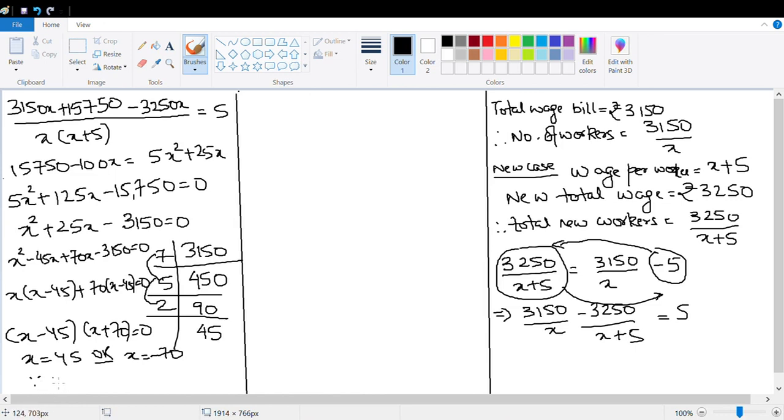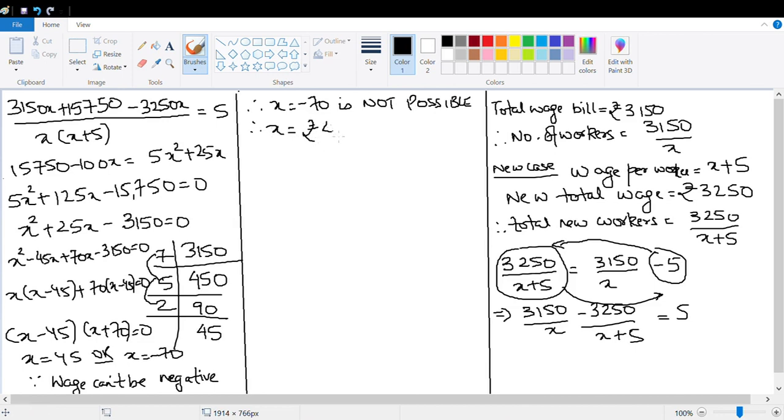Since wage can't be negative, now what basically it means is that you are having to pay for having to work. Okay, therefore x is equal to negative 70 is not possible. Therefore x is equal to rupees 45.